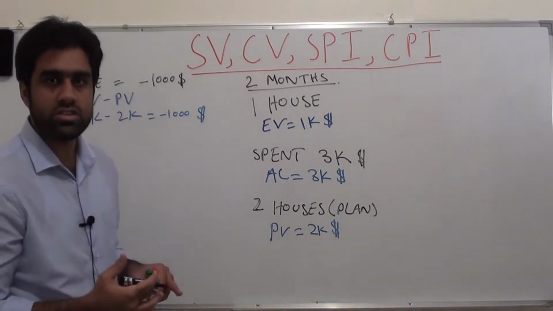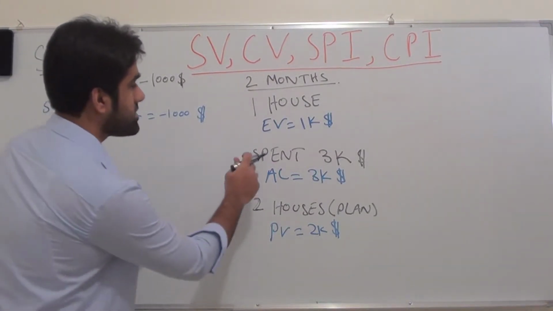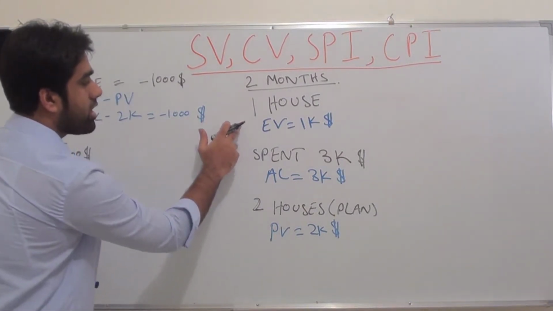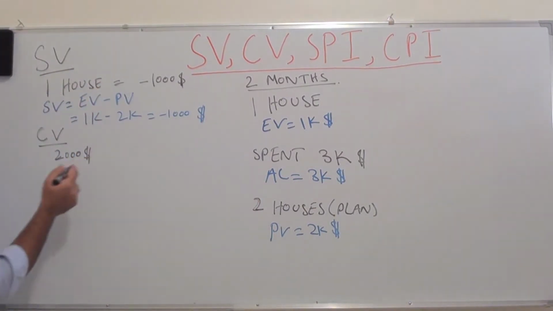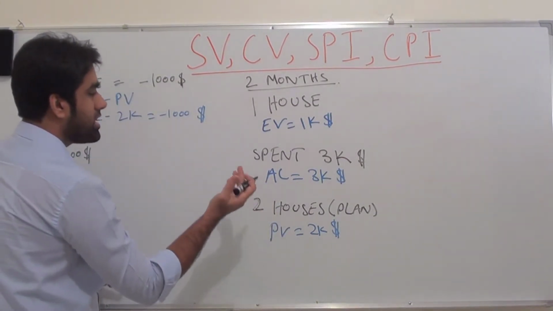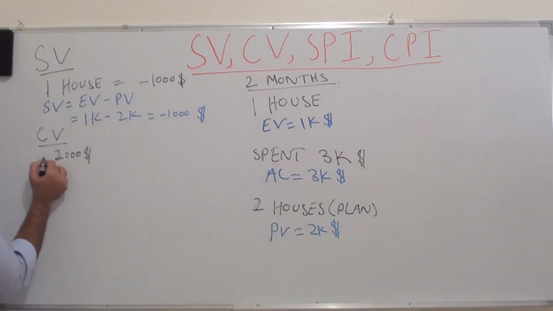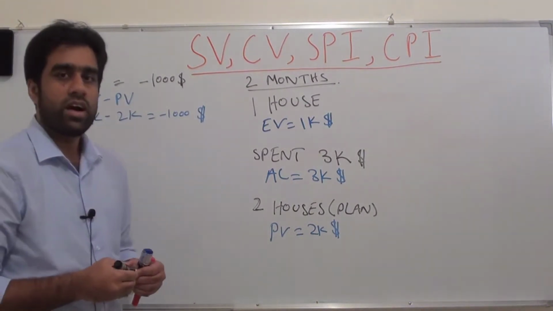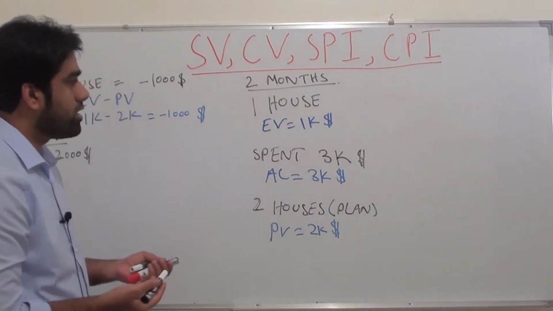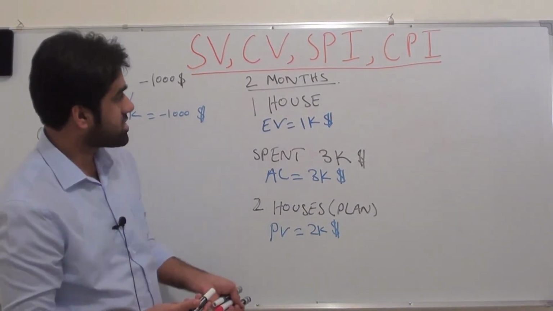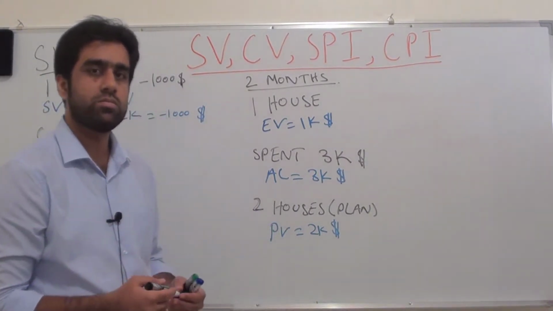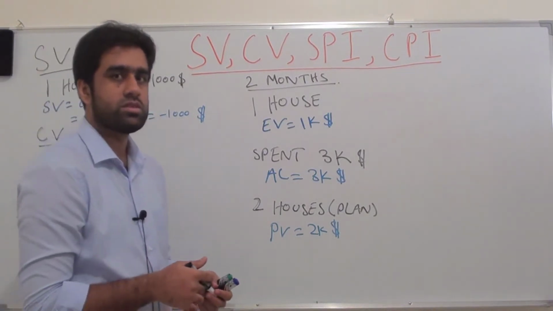Again, will this be minus or positive? Yes, minus, because we developed only one house but spent $3,000, whereas as per the original plan we should have built 3 houses for $3,000. So this is minus $2,000. Again, this is logical deduction. It was an easy example. We could make it out just by looking at the project status report at the end of 2 months, because the example is very simple, just to help you understand these concepts.